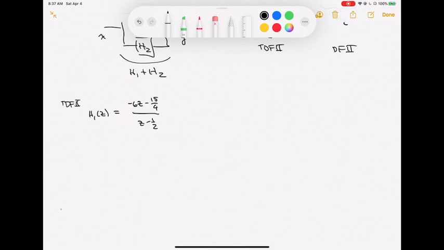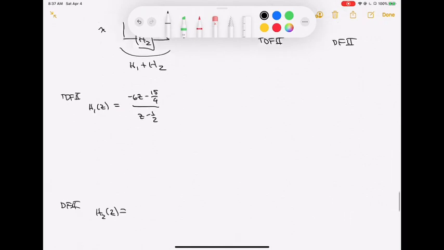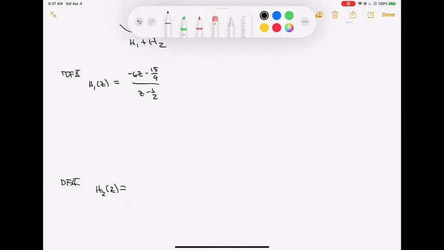And then we said for a direct form 2, we would do h2 of z, which we said was equal to, if we go back and look at that, 9z plus 33/4 over z plus 1/2. So I'm going to go ahead and write that out as well. We have 9z plus 33/4 over, in this case, z plus 1/2, something along those lines.